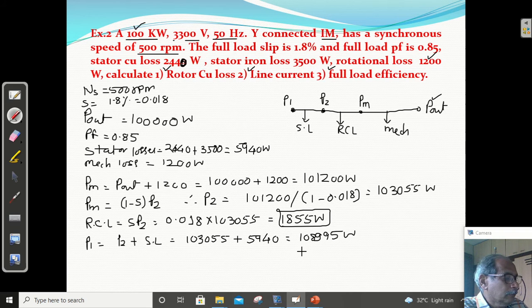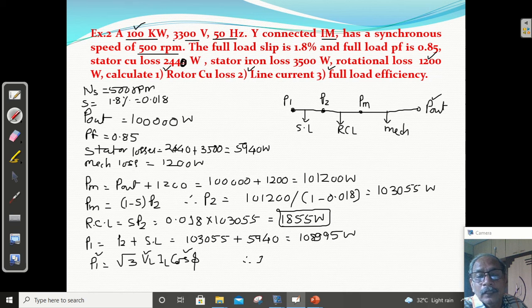So we got the P1, and we know P1 is the input to the machine, input to the stator, input to the motor, equal to √3 VL IL cos phi. So this is known. VL is given 3300 volt and power factor is given.